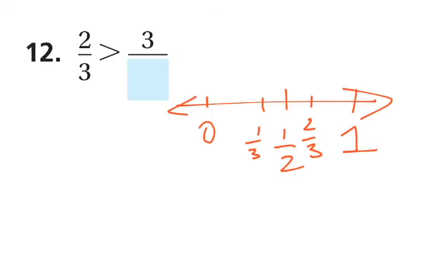So this sentence is telling me 2/3 is greater than 3 somethings. Well, I'm thinking of something that's equivalent to 1/2 with a numerator of 3. So 3 times 2 would be 6. 3/6 is the same thing as 1/2, so therefore 2/3 is greater than 3/6.